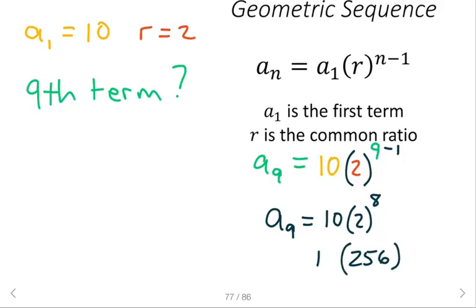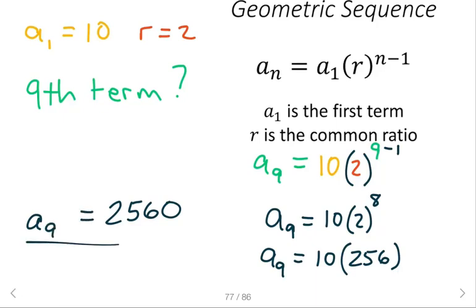And then we'll multiply that by 10, and so the 9th term of the sequence is 2,560. So that's how you can use the equation for the geometric sequence just to find a specific term without having to build the whole sequence. All right, so hopefully that's helping you as you refresh your memory for the ACT exam.